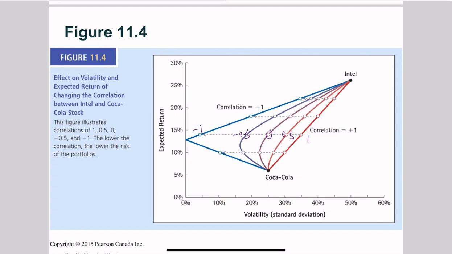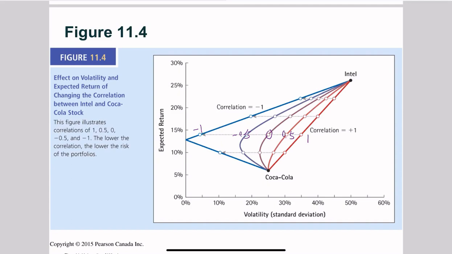Now, what kind of result you can get from these 5 different curves? Well, you can see that if you reduce correlation, you will get better curves, right? So what does better curve mean here?